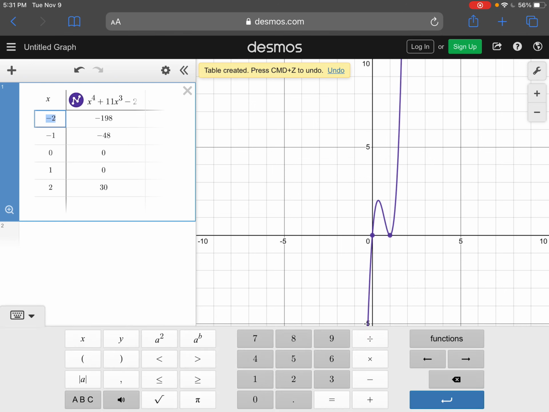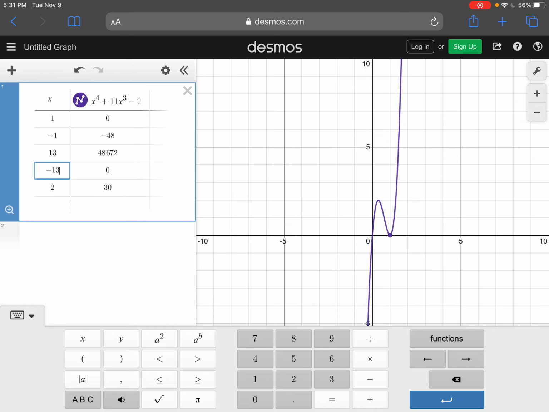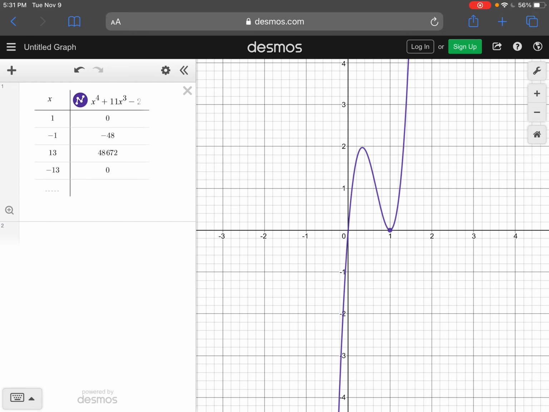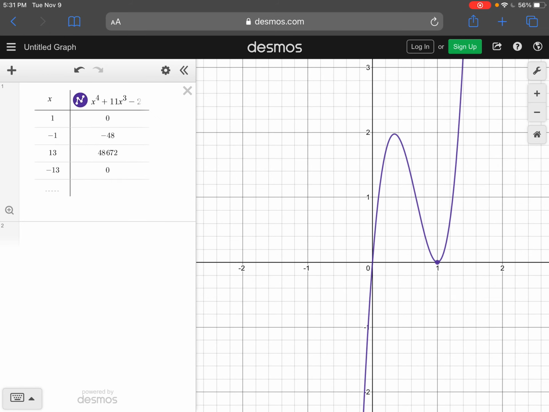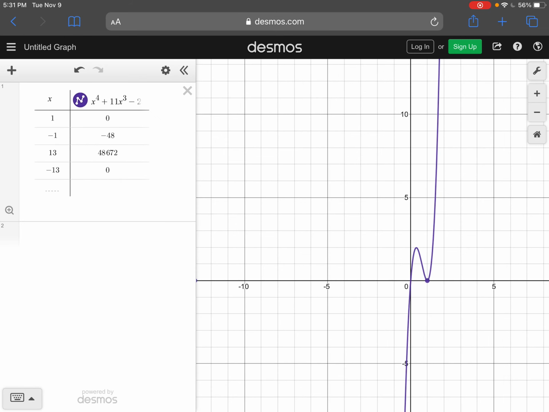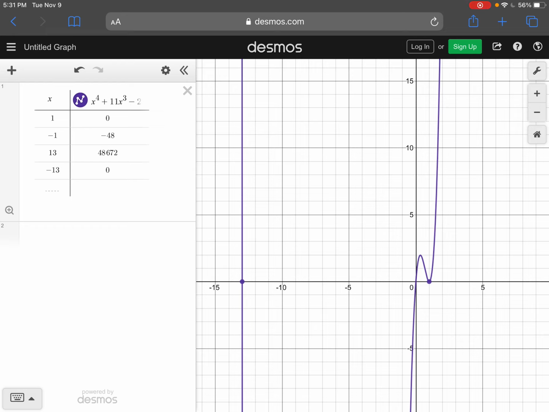So I have positive 1, negative 1, positive 13, and negative 13. Here I can see I have 2 zeros, positive 1 and negative 13. When I look at my graph, here I can see that I have 0, 1, and then if I scroll out, 13. We know that we're going to have 4 zeros. Right now, we have 3 of them.